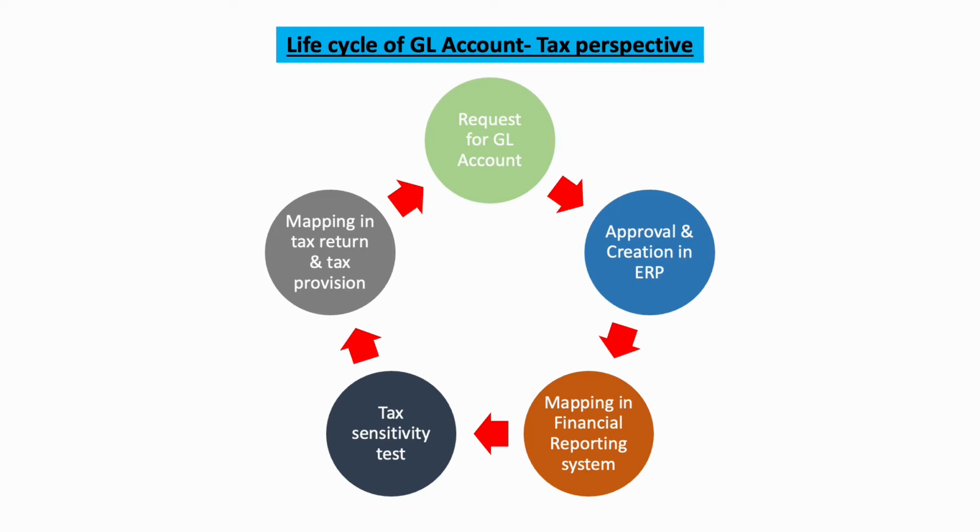So once you do the tax sensitivity test, and if you arrive at a decision that it is a tax sensitive account, then it would either be a temporary difference or a permanent difference, and accordingly you will have to code that particular GL account in your work papers and in the software you're using, so that it gets reported at the right place and you are able to calculate your taxable income accordingly by taking into account the new GL which is being created.